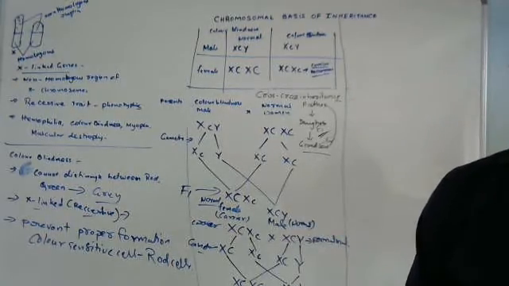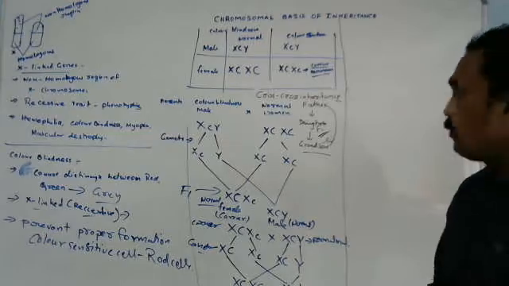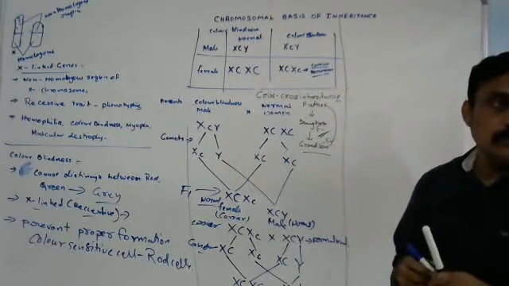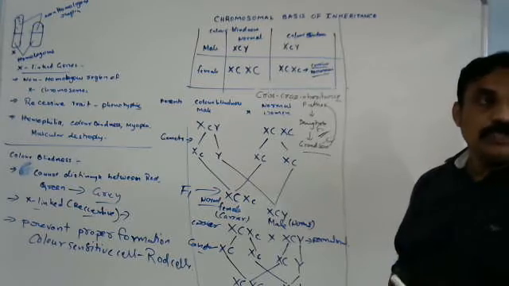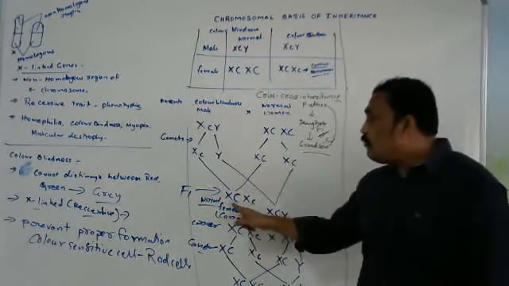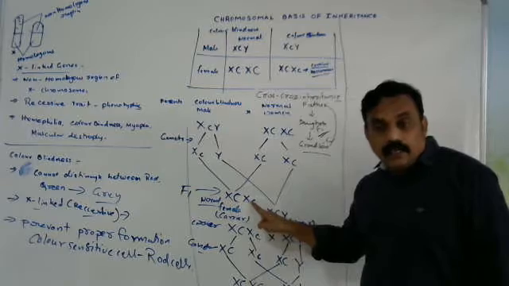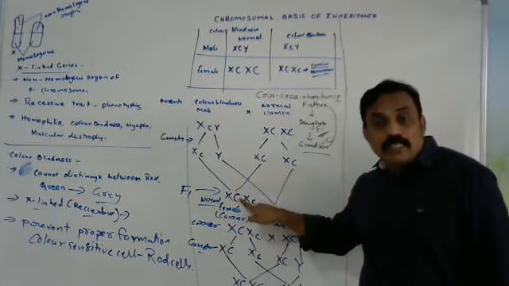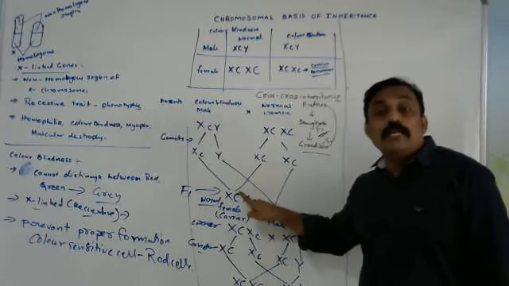Now we will take one more example, hemophilia. She is not defected. Why is she not defected? Here in the F1 generation, what will happen? X and capital C is there. Capital C is the dominant character.